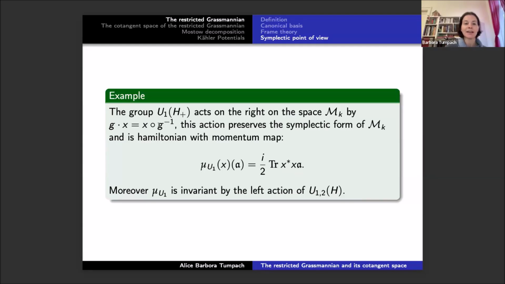So either you take a right action and you don't put the minus 1, or you just want a left action and you put minus. The important point is that it's a precomposition by an element in the group. And this action preserves the symplectic form, and there is a Hamiltonian moment map associated to this action, which is basically the same formula as before.